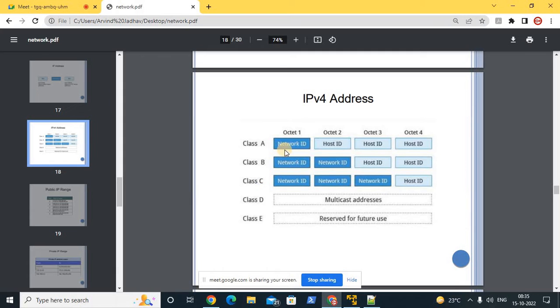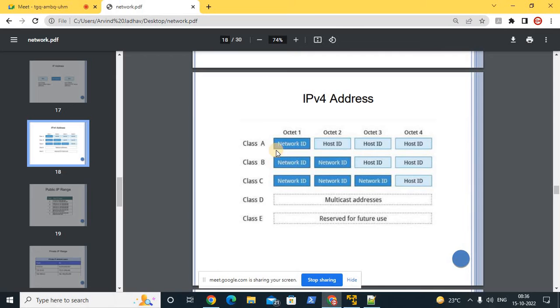So what is that? 32-bit will be divided into 4 octets: 8-bit octet, 8-bit octet, 8-bit octet, 8-bit octet. When we add these 4 octets, each of size 8, 8 plus 8 plus 8 plus 8 equals 32-bit.